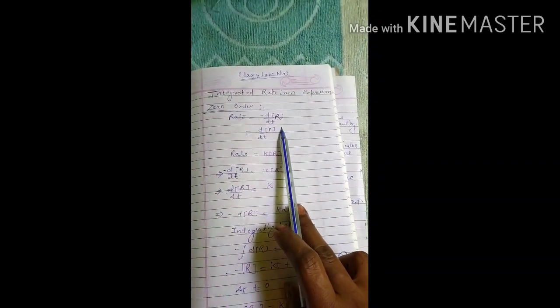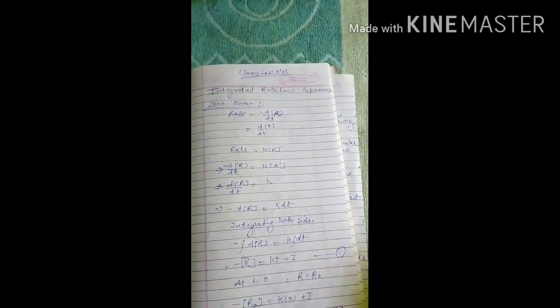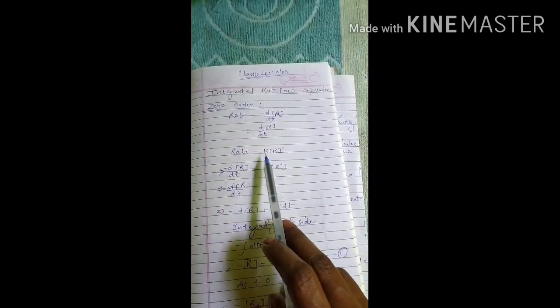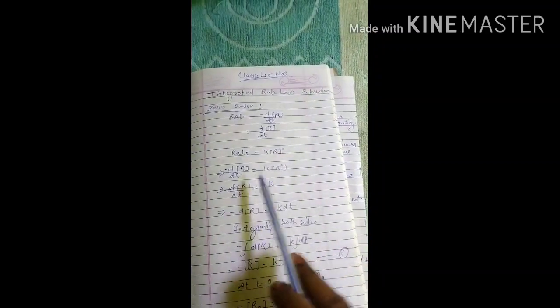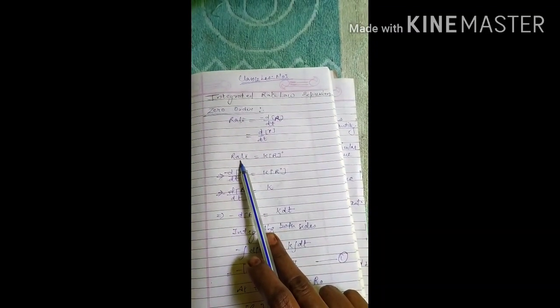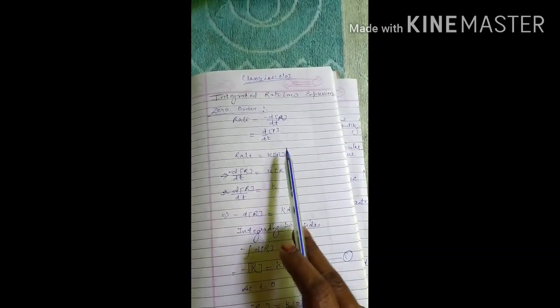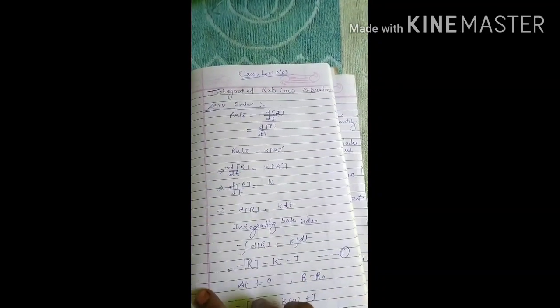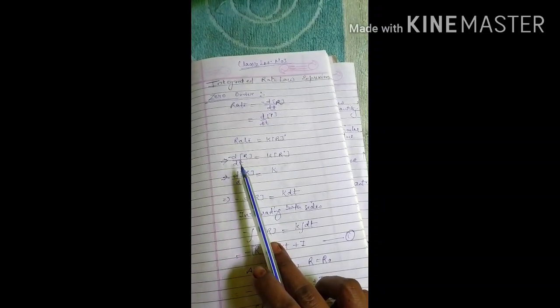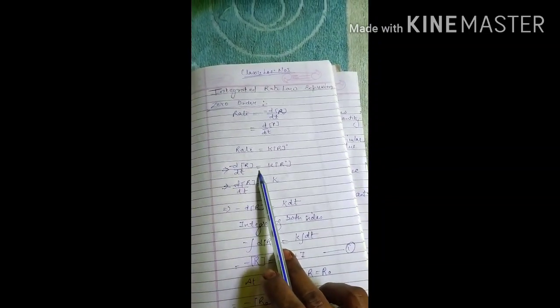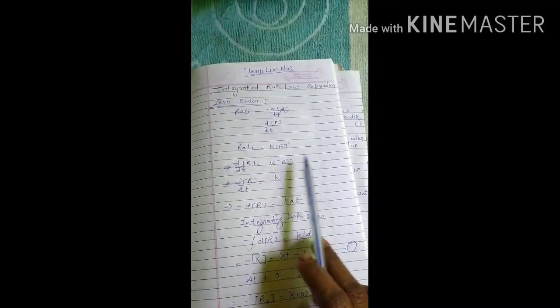Now, for the next one, rate equals K of R naught. It means that rate in differential form can be expressed as minus dR by dt equals K of R naught.